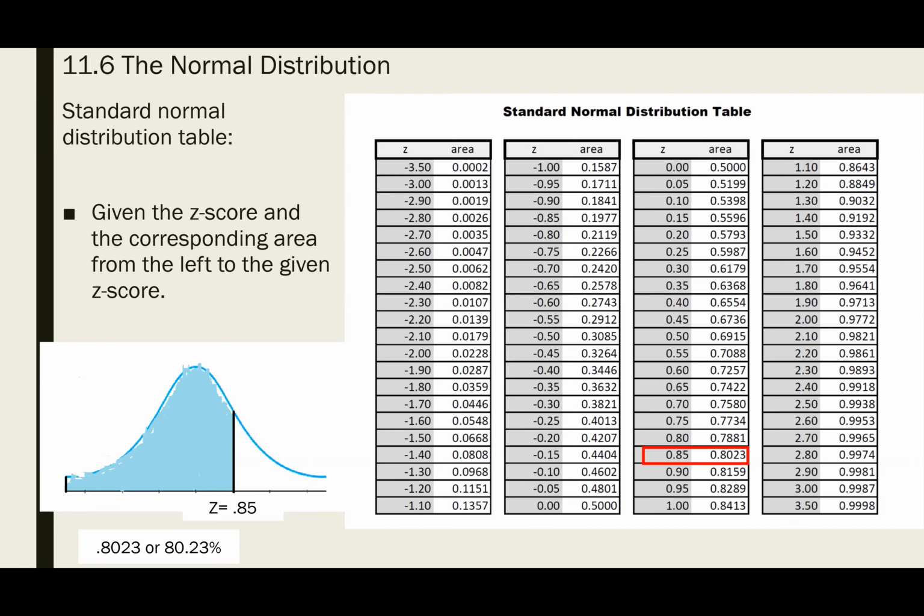You might say, Mr. Tran, what if they ask for 0.07? They won't. Whatever they ask you will be in this table. So if they ask for the area to the left of negative 0.75, the area to the left is 0.2266.